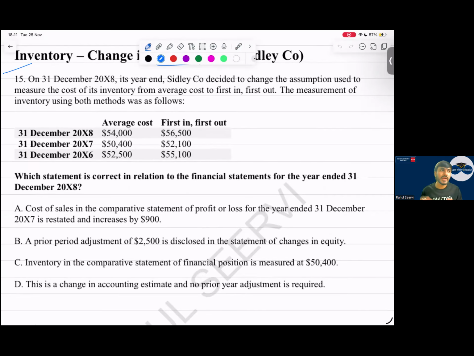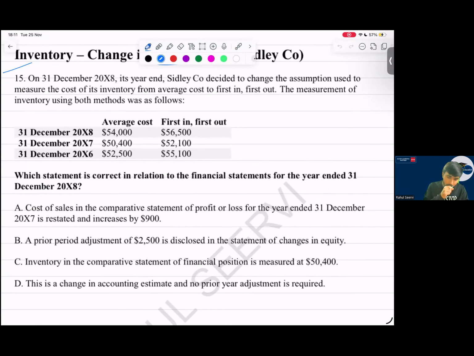When we did IAS 2 inventory also, I had given shortcuts to remember. If closing inventory is increasing, what will happen to profit? What will happen to cost of sales? Again, I will explain, so remember it. On 31st December 2008, its year end, S decided to change the assumption used to measure its cost of inventory from weighted average cost to FIFO.